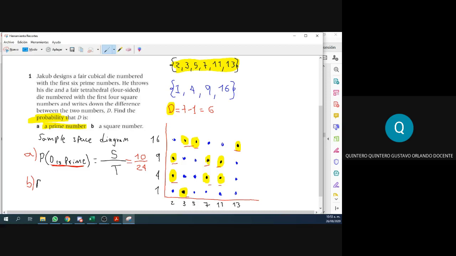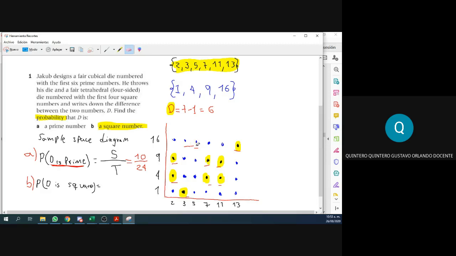Now we're doing question B. Find the probability that the difference is a square number. So D is square. We have an issue here. We have to change our diagram.